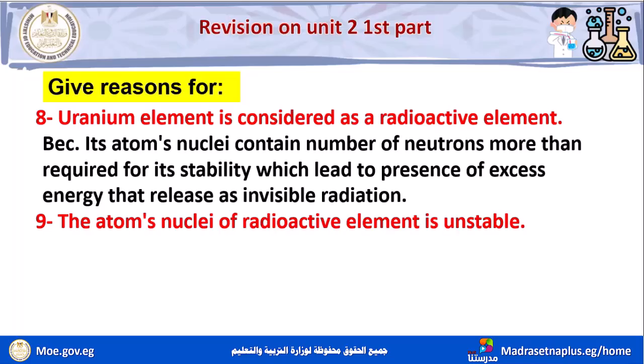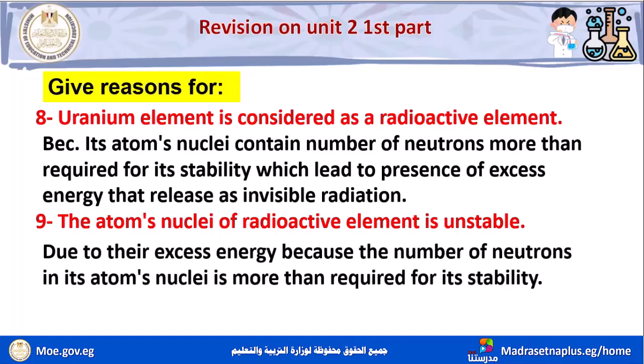Question number 9. The atoms' nuclei of radioactive elements are unstable due to their excess energy, because the number of neutrons in their nuclei is more than required for their stability.